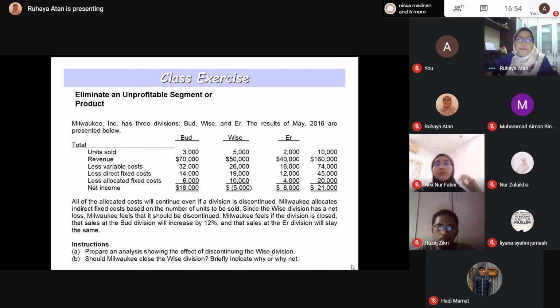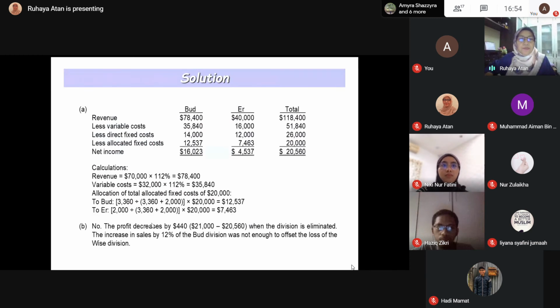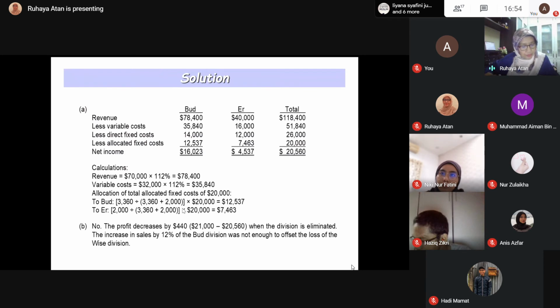I'm just trying to explain this 3,360. It's actually from the units sold. Remember, if we close that division, Bud's sales will increase by 12%. And then we say that the fixed cost is based on the units sold. So we need to change the units sold for Bud. So that's why it is 3,360 plus 2,000.